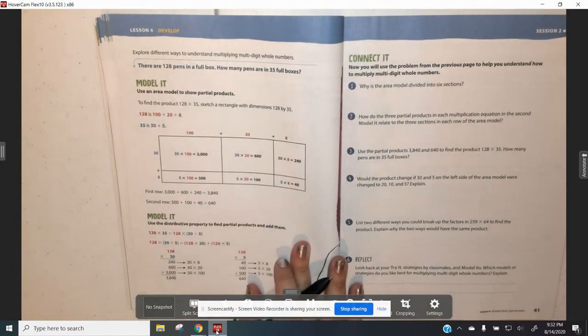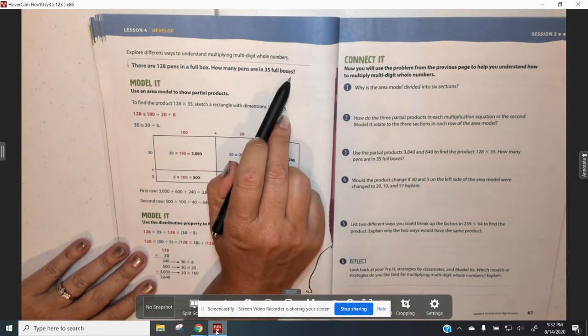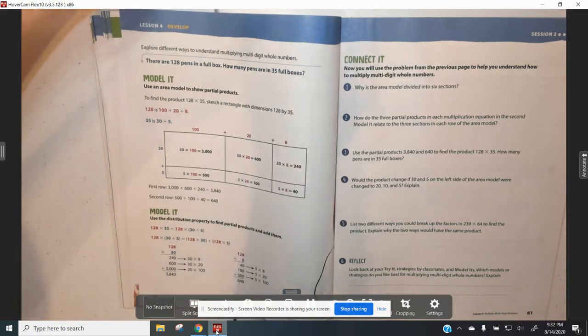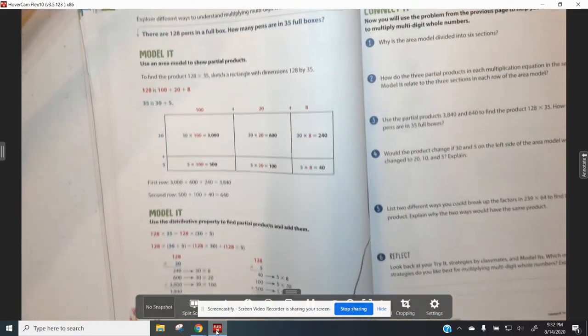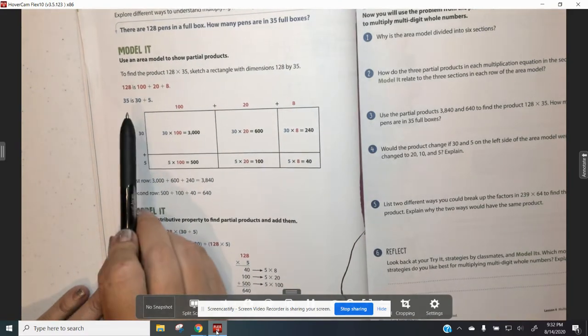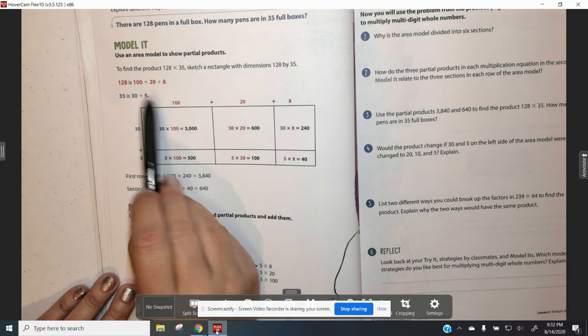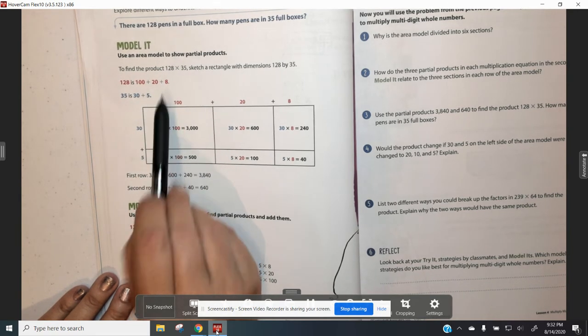On page 60, we see the problem again. It says there are 128 pens in a full box. How many pens are in 35 full boxes? And then here we see the area model that the book did for us. They wrote 128 in expanded form is 100 plus 20 plus 8.